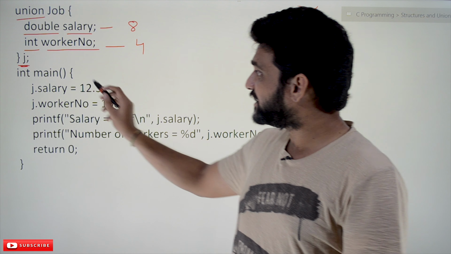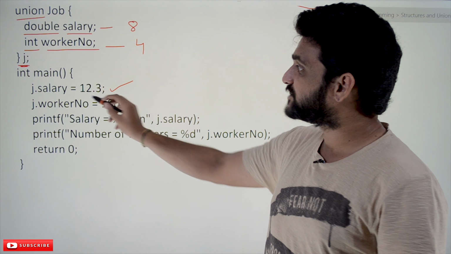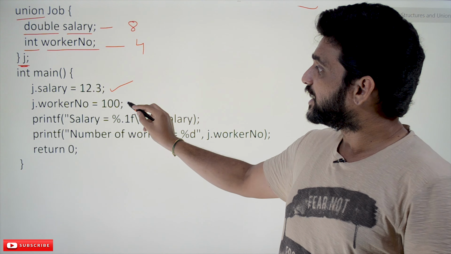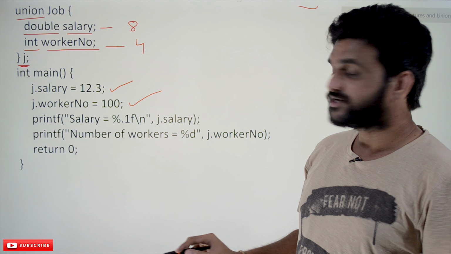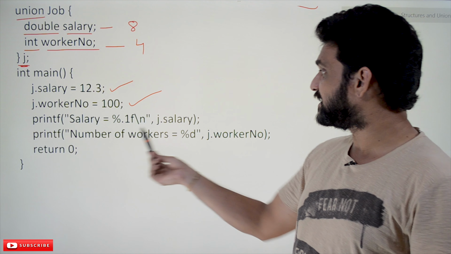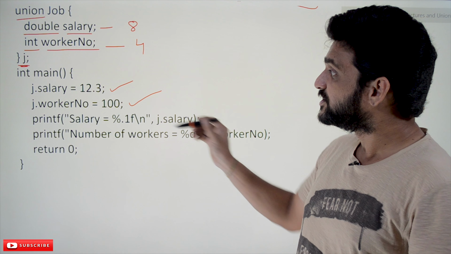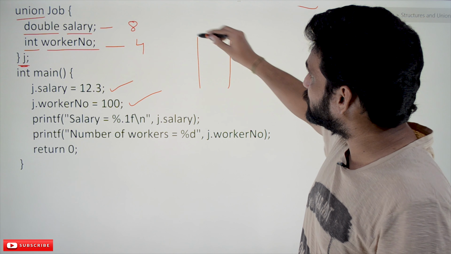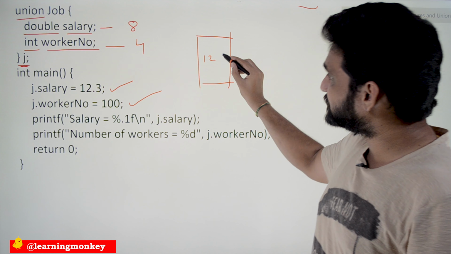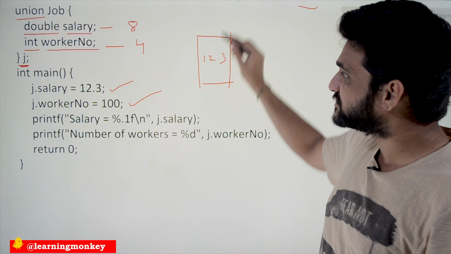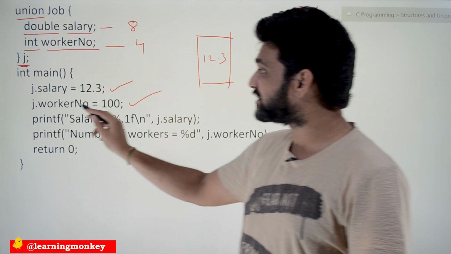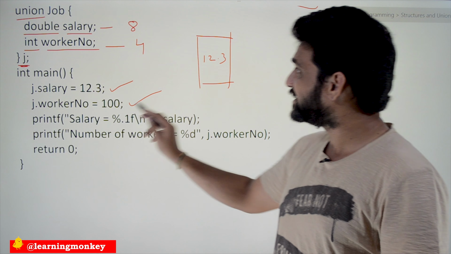Now in int main, the salary value is 12.3, and the worker number is 100. What is it going to print for salary? What is the value that will get stored in the memory? First 12.3 has been allocated, considering it as 8 bytes. Next, immediately worker number has been assigned 100.